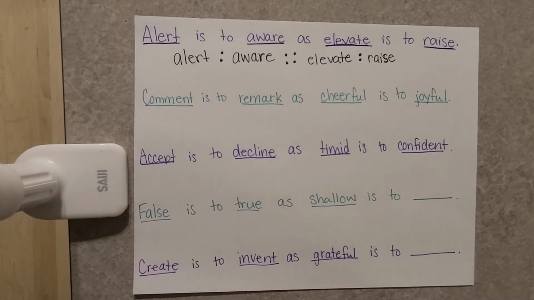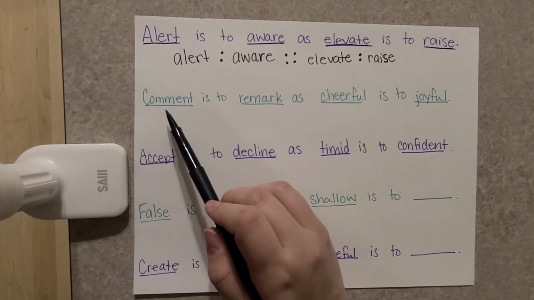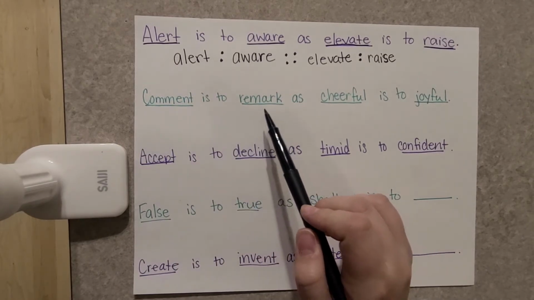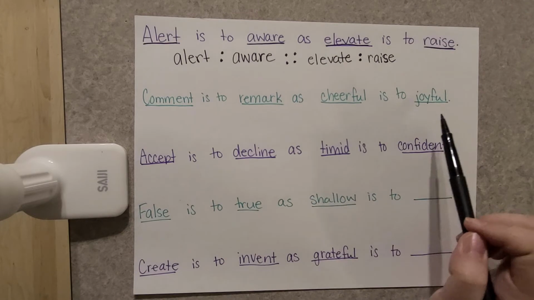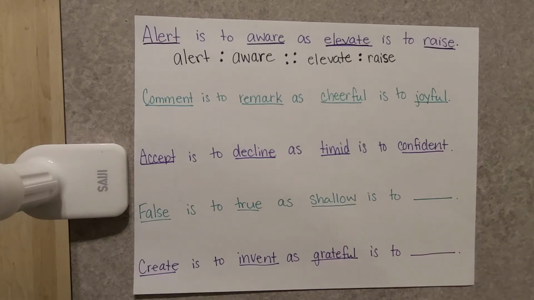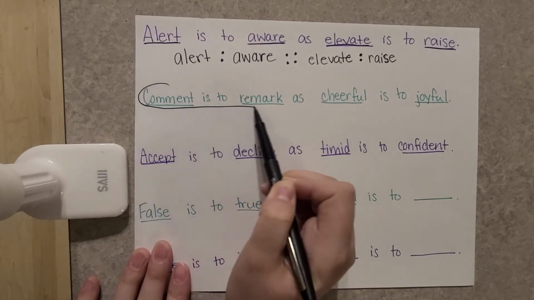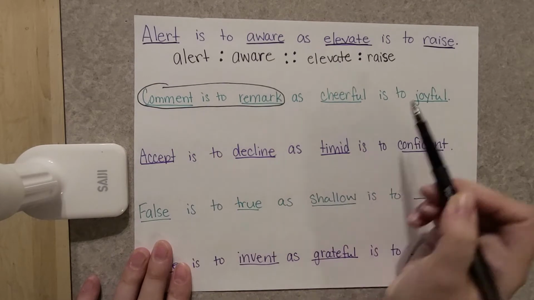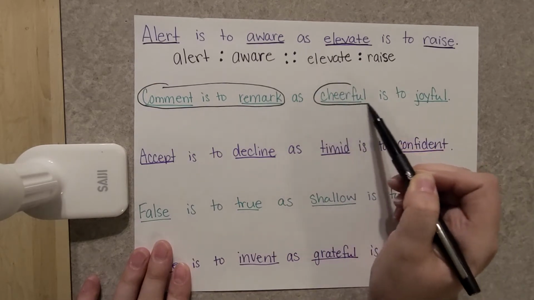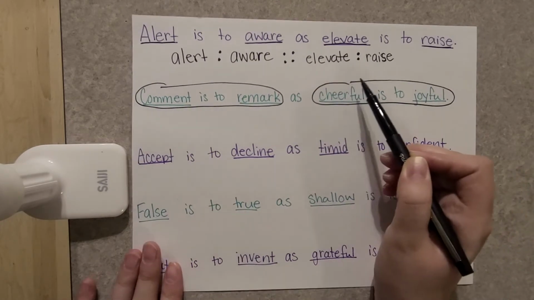So let's go take a look at the next one. So we have comment is to remark, as cheerful is to joyful. So I want you to think about this pair and how these two words are related, and this pair and how these two words are related.